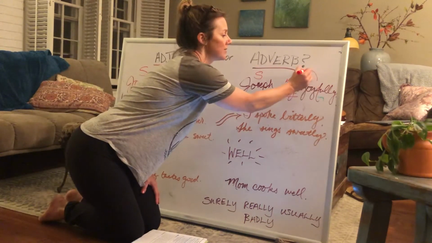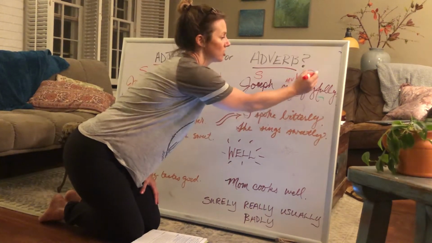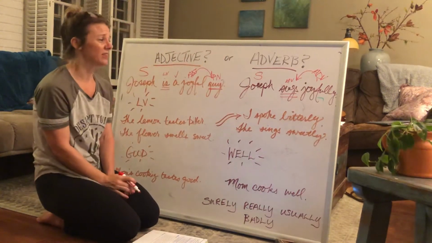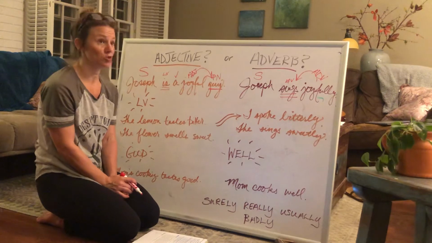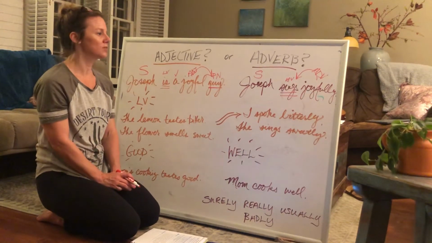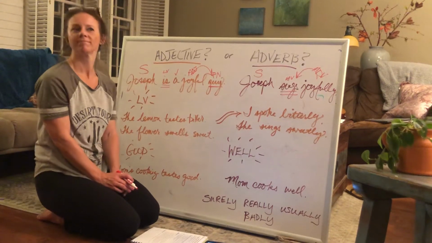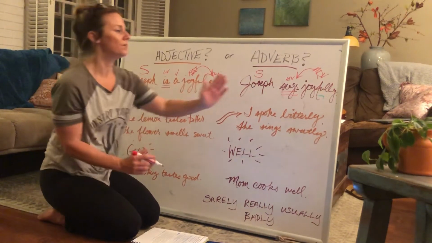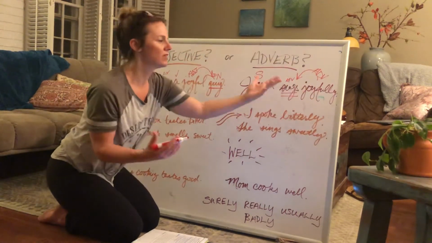So if I'm answering a how question, then I have an adverb, and that could be anything. Joseph sings joyfully, Joseph sings horribly, Joseph sings quickly, but I have an adverb, not a complement.